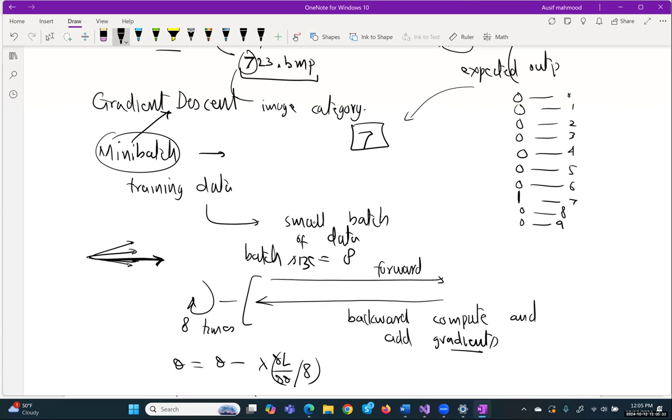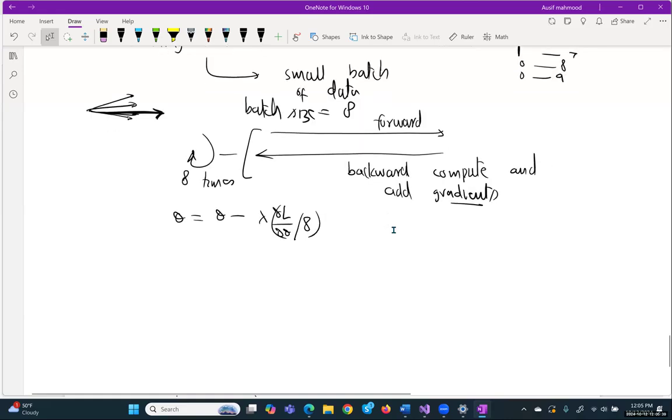Further, over the years, we recognize that, for example, let's say we have a training data of 1,000. In our assignment number 4, we have 1,000 training data, right?